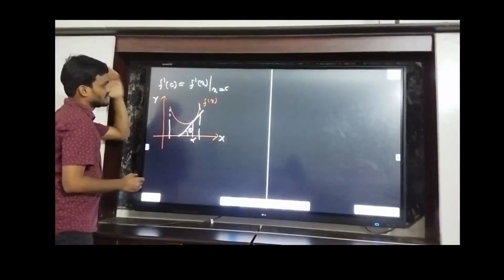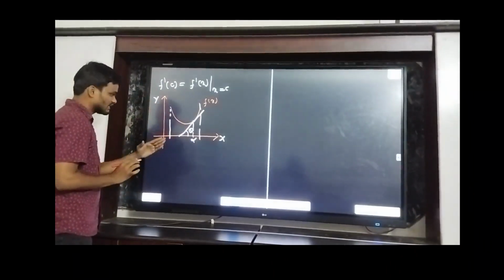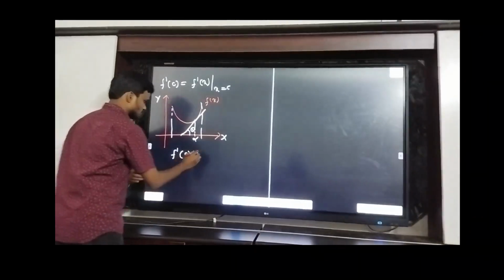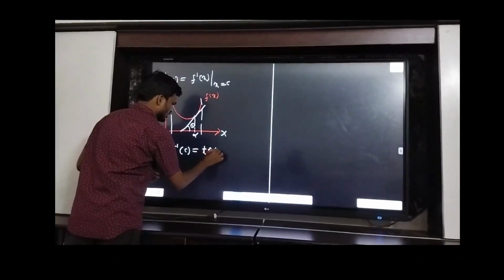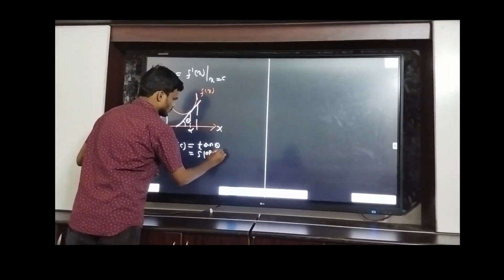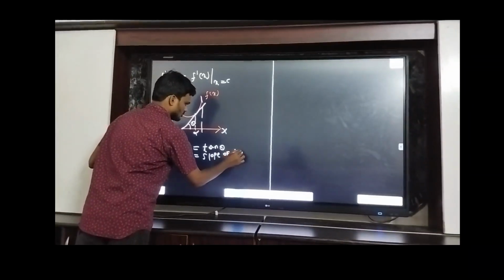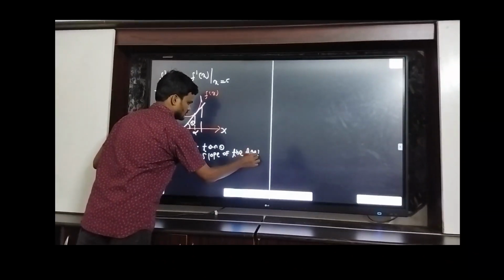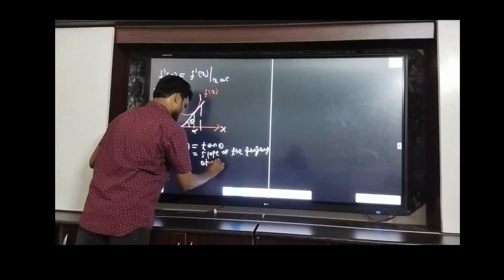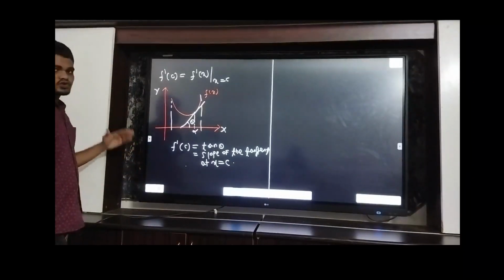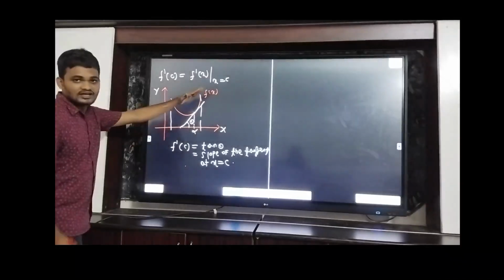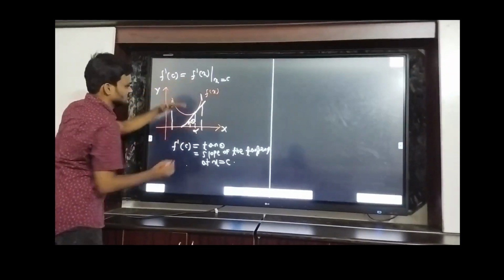Then, if you want to find f dash x at C, then what is geometrically meaning? F dash C is equal to tan theta. That is slope of the tangent at x is equal to C. Slope of the tangent at x is equal to C, where theta is the angle between the tangent in anti-clockwise sense with the x-axis.